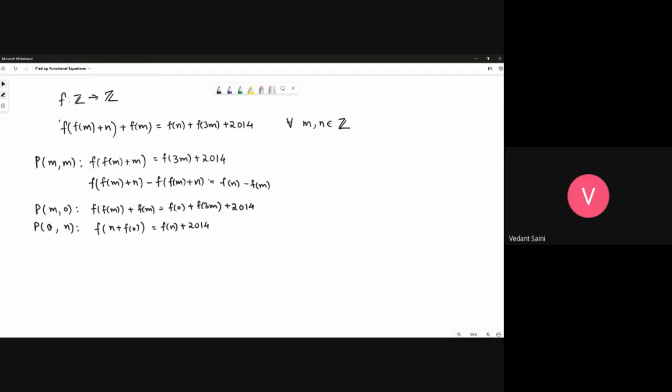Now this is probably a powerful equation, and I'll number it as 1 because this means that if x can be reached via some f, then x plus 2014, x plus 2014 times 2, and so on, can be reached via f.